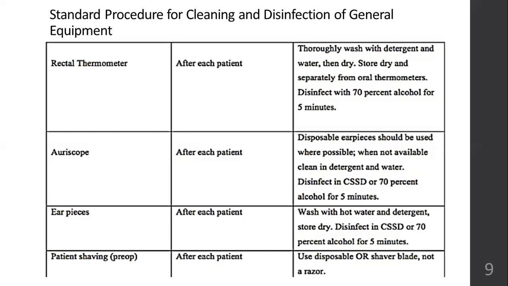And if you don't have the disposable earpieces, then you have to wash the earpiece with detergent and water, and disinfect it, or if disinfection is not possible for certain material, okay, 70% alcohol for 5 minutes. If you immerse it and then use it for the new patient, it can be done. But ideally, disposable earpieces should be used.